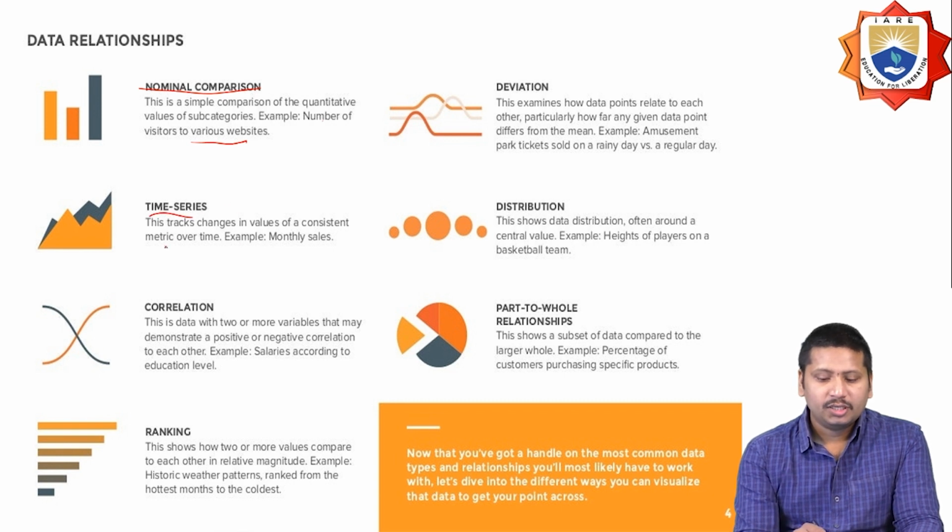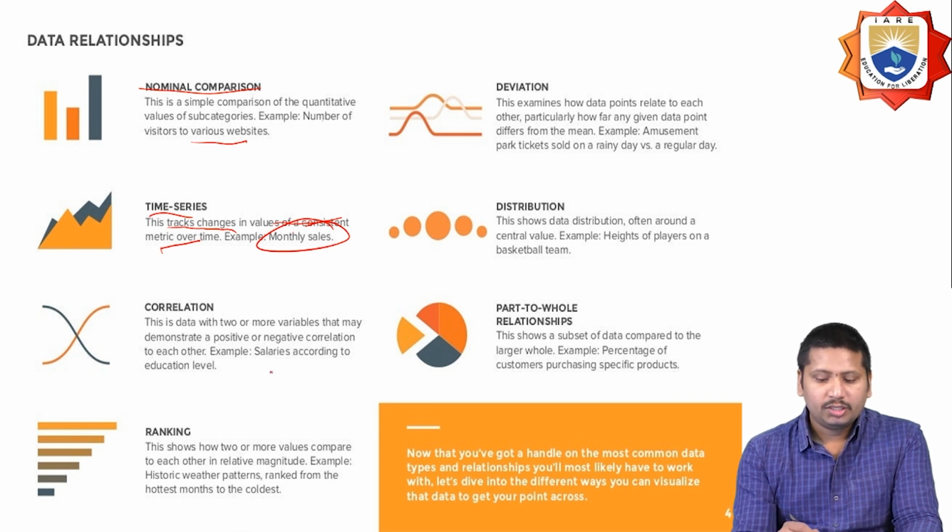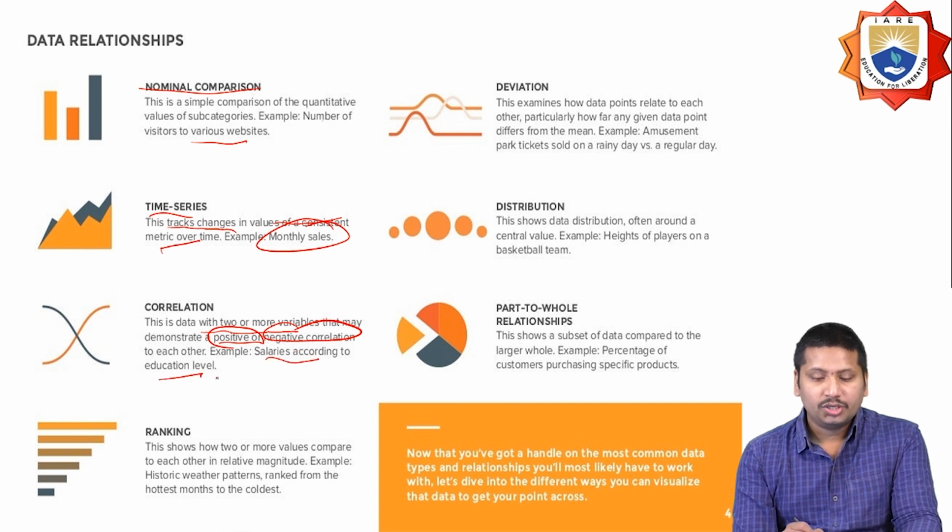Time series tracks the changes in value of a consistent metric over time, like monthly sales. And correlation is data with two or more variables that demonstrate positive or negative correlation with each other, like salaries according to education level.